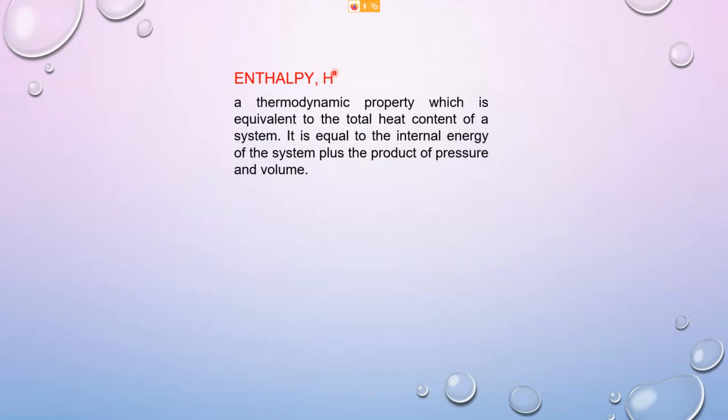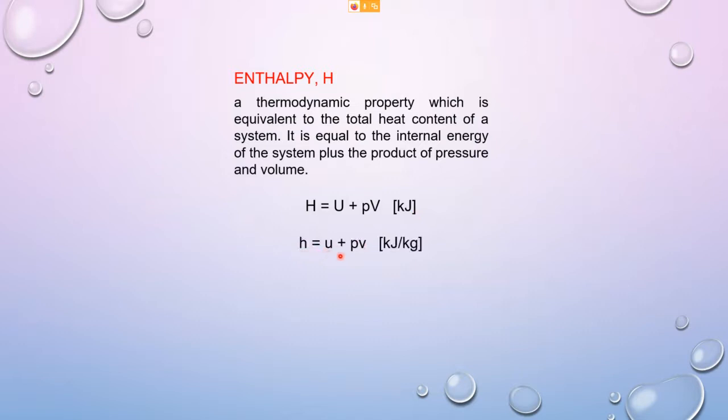And enthalpy is given as H = U + PV. With uppercase letters, this means absolute enthalpy, absolute internal energy, and absolute volume in cubic meters, which gives you kilojoules.